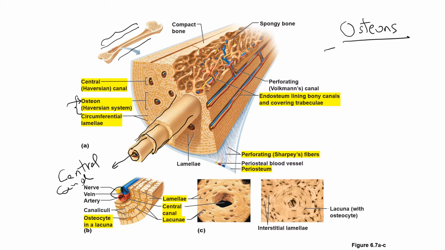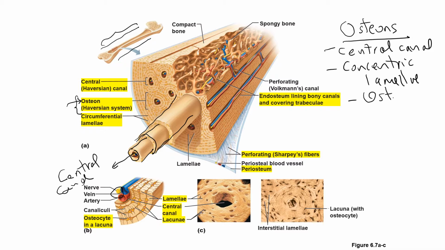So an osteon consists of a central canal, concentric lamellae, and also within the matrix there will be osteocytes inside lacunae and canaliculi.